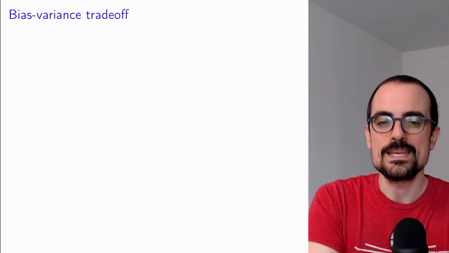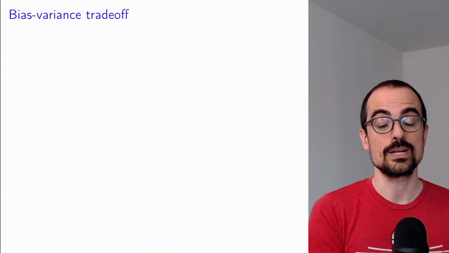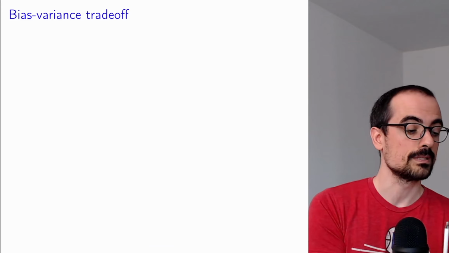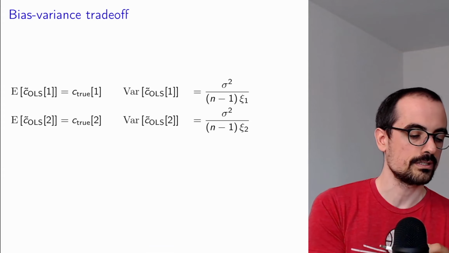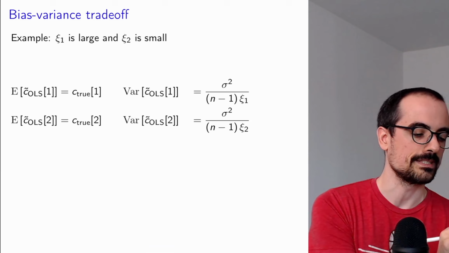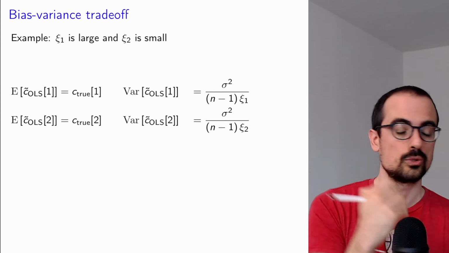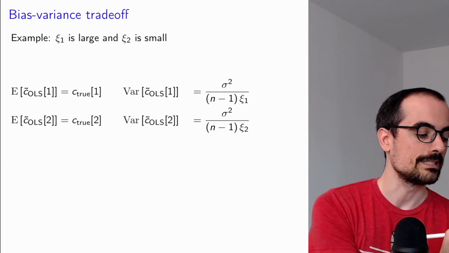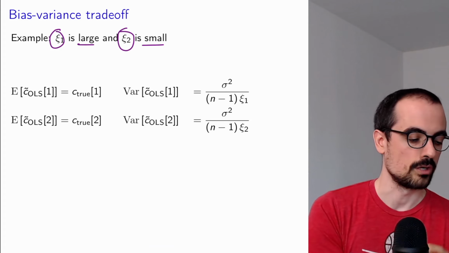To show you what I mean, I'm going to show you the effect of this selective shrinkage for a specific example where we have just two coefficients, two features. For one, the sample variance is very large, and for the other, the sample variance is very small.